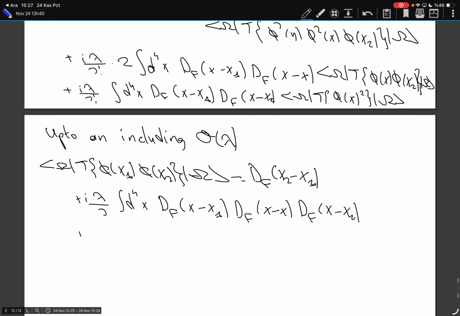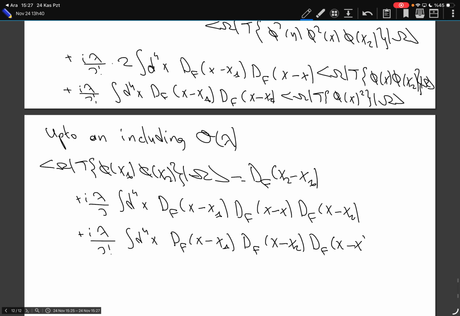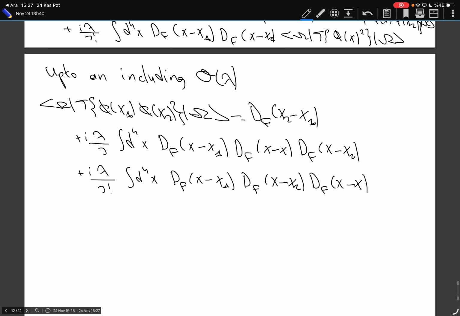I would have plus i lambda over 3 factorial d^4x D_F(x - x1) D_F(x - x2) D_F(x - x), plus there will be terms of the order of lambda squared.